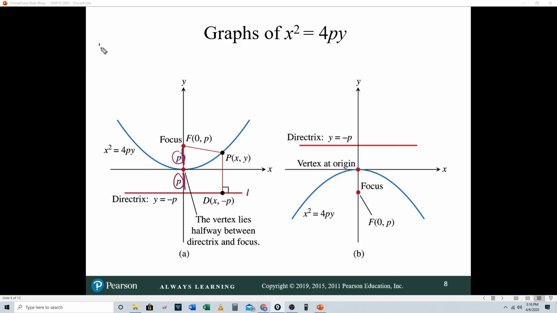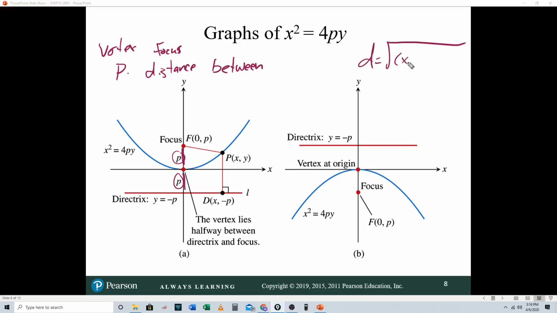So if we're given the vertex and the focus, we can find p by finding the distance between them, which means we may need the distance formula. D is equal to the square root of (x2 minus x1) squared plus (y2 minus y1) squared.